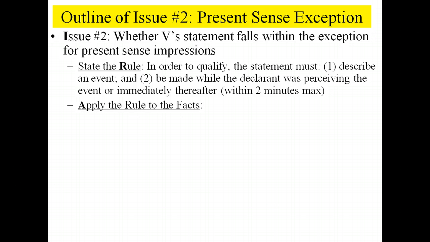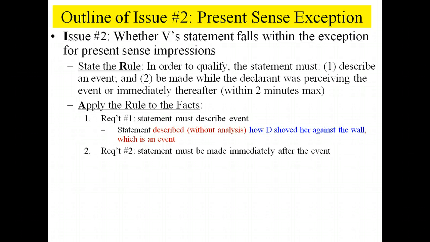Then you need to apply the rule to the facts. For each requirement, you need to give me facts that show how it is or is not met. For the first requirement, the statement must describe an event. The fact is that the defendant shoved her against the wall, and then you need to tie that into the law, as you can see I've done in red.